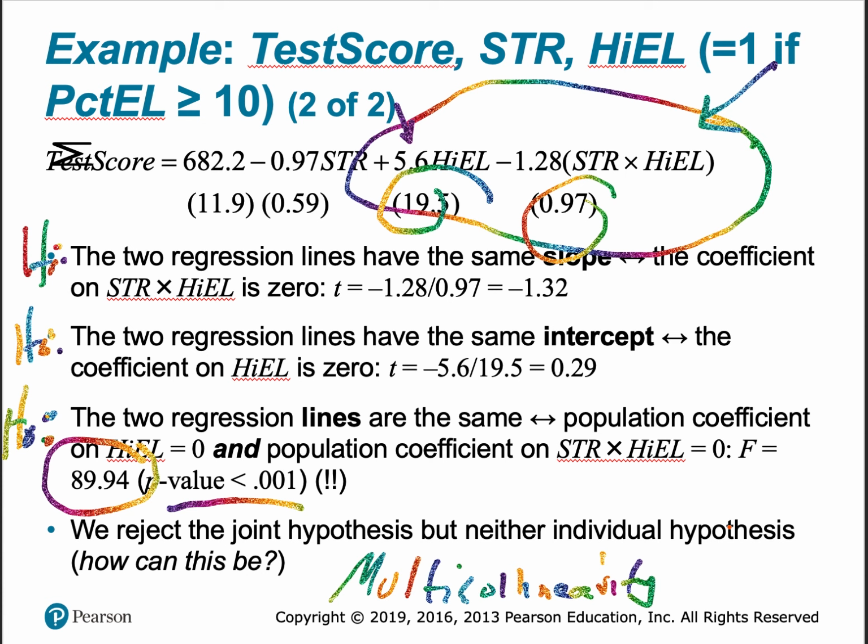So we have shown using a joint null hypothesis that these two terms enter the equation and the two regression lines are different. All right, folks, that is it for interactions between a dummy variable and a continuous variable. In the next video, we will cover the last kind of interaction, which is interactions between continuous variables.